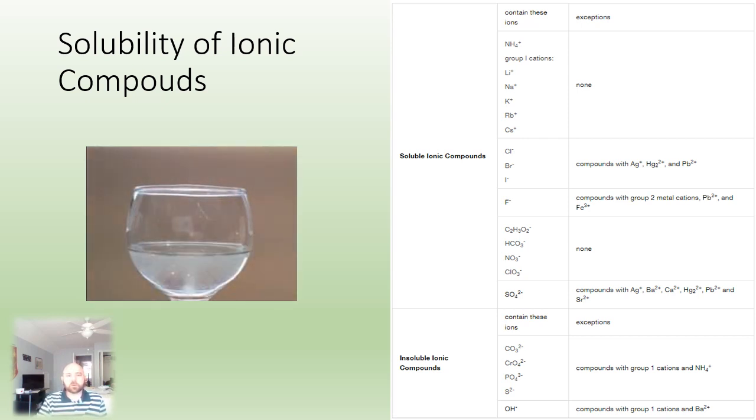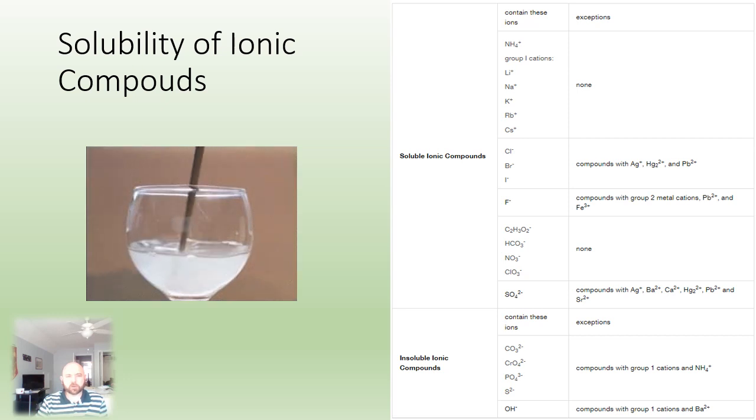There are tables that we usually call solubility charts or solubility tables that help us determine whether or not a certain ionic compound is soluble. And this is the example that we have from our text here.